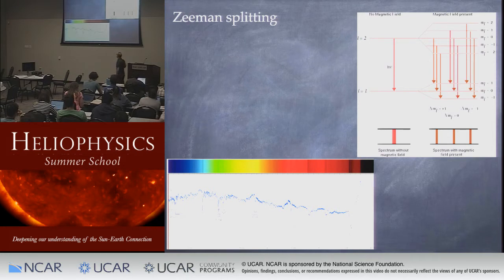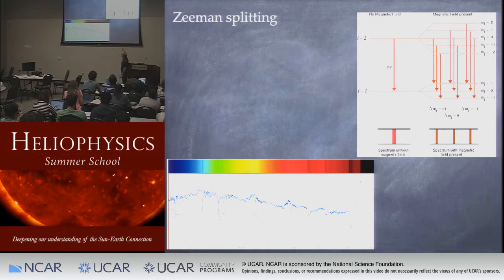Okay? The Zeeman splitting is an effect that tells us that a single line, which is represented, say, here, can be broken down into 3 different lines when we have a magnetic field in the neighborhood. Okay?